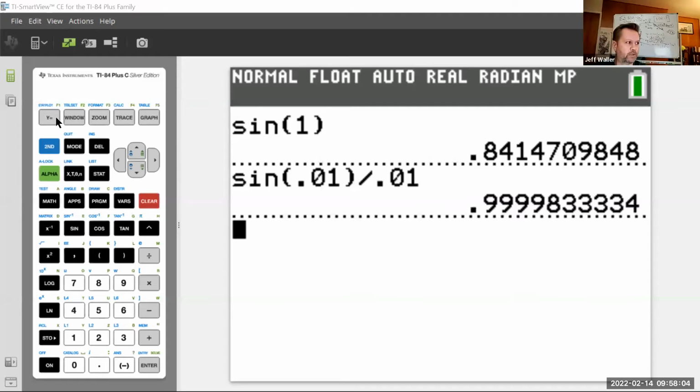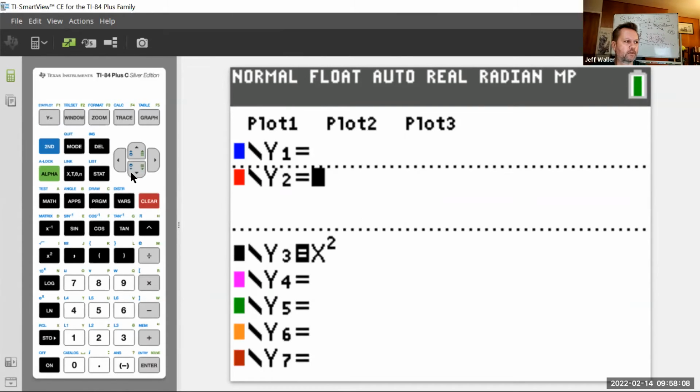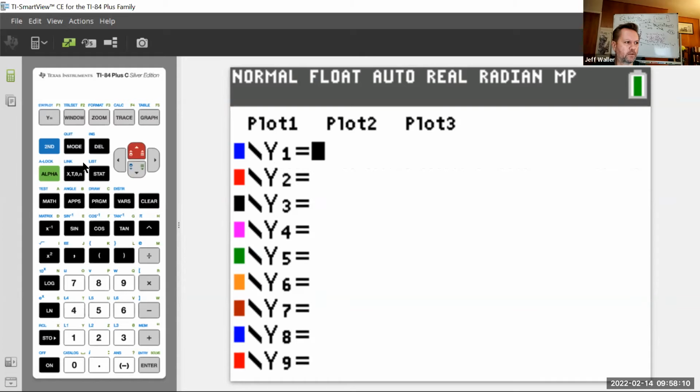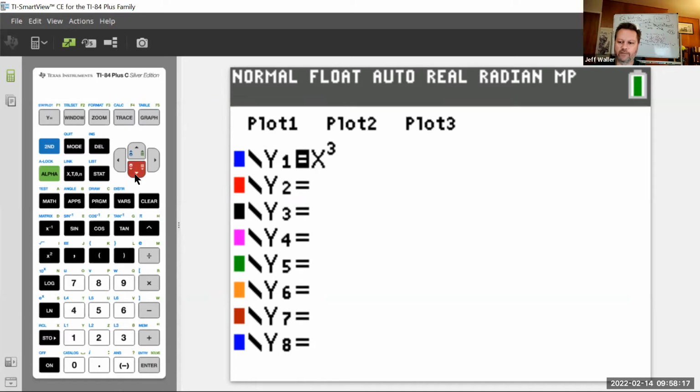All right, so here's what I want to do. Let's graph x cubed. You can do it, Jeff. There you go, my friend. Let's graph x cubed, and let's graph the tangent line. All right, I caught up to you. I'm an old guy.